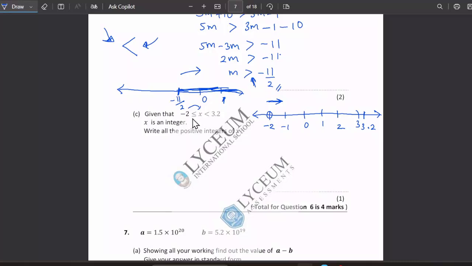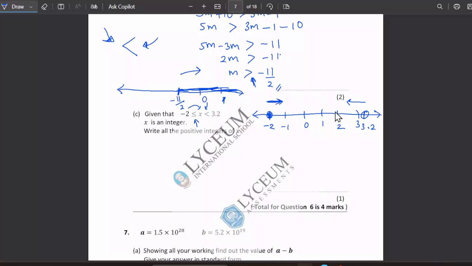But now we have to color only the region that satisfies both the inequalities. So we have now two inequalities. So the first one gives us this side, and also it has an equal sign, so we have to color this dot, and again we have to mark 3.2 and see now x is on the lesser side, so that means from here to here.